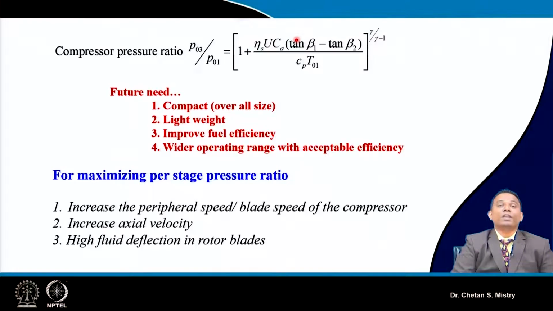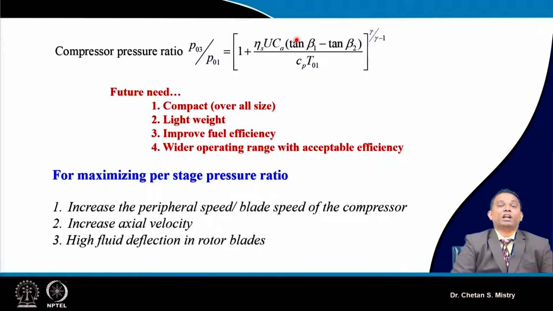We are looking for engines with fuel economy. When we reduce the size and weight of the engine, we are basically reducing the drag of the engine overall, and that helps improve our fuel economy.